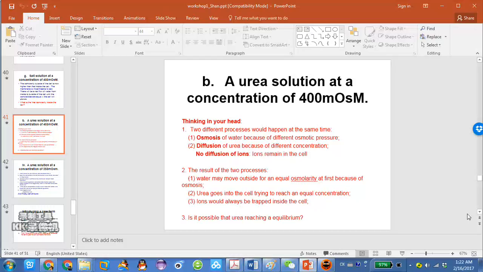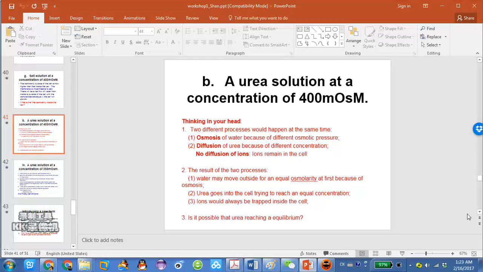So at the imaginary equilibrium time that we imagine, there will be a higher osmolarity inside the cell because of the ions trapped inside the cell. So water will try to move into the cell to compensate for the higher osmolarity inside the cell.